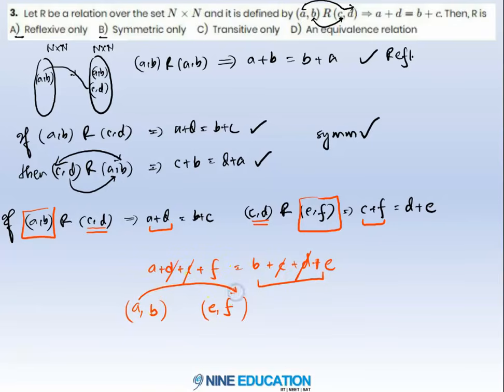So I can see this A plus F and this B plus E sum is coming out to be equal, so it is transitive also.